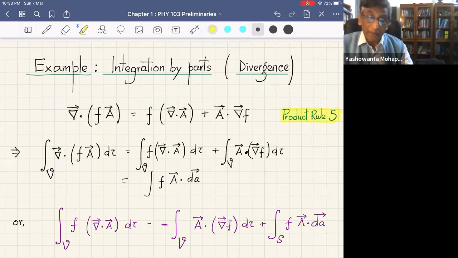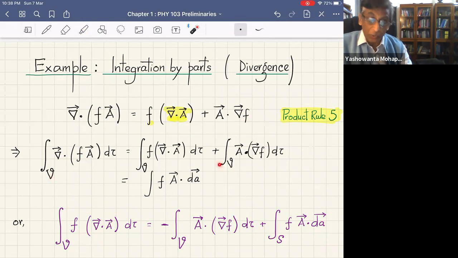This is f times divergence of a, plus a dot, the appropriate differential for a scalar function, that is a dot grad of f. Now I can do the volume integration of this, del dot fa, term by term over the volume.